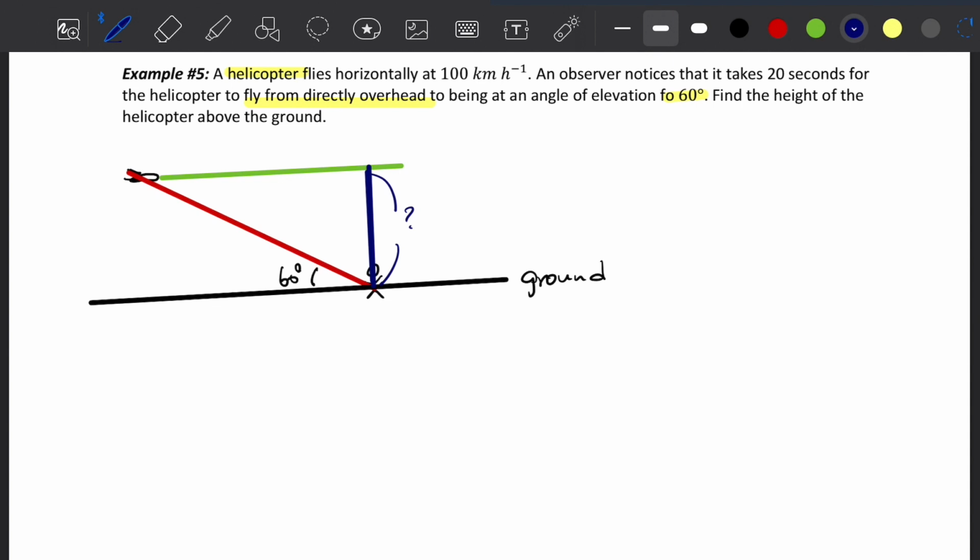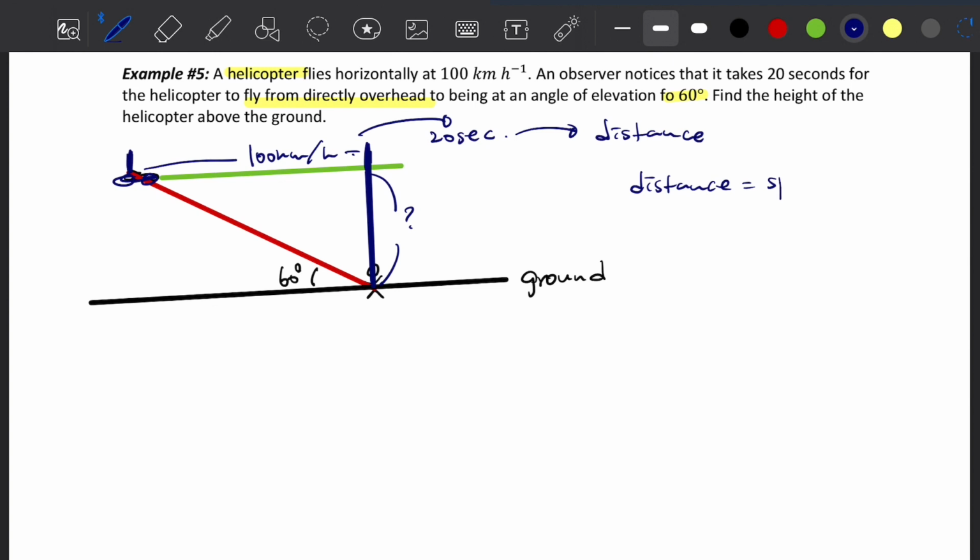We know that the helicopter flies horizontally at 100 km per hour, and it takes 20 seconds to fly from here to here. We can find the distance using the distance equals speed times time formula.